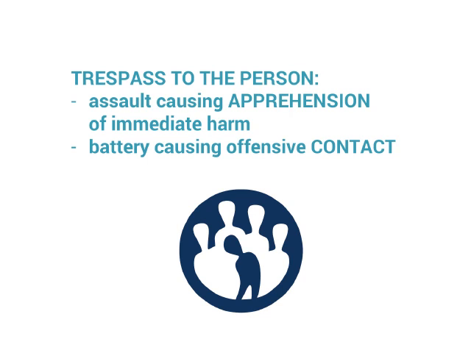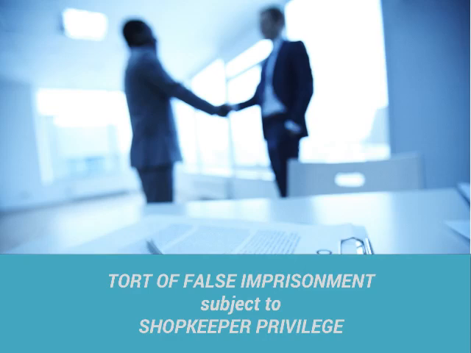Unlike assault, battery involves actual physical contact with the other party. Obviously, both assault and battery are also offences under criminal law, and often an action based on one will naturally follow the other.